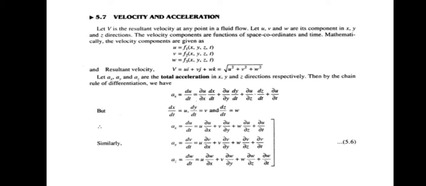Similarly, in z direction, az equal to dw/dt equal to u ∂w/∂x plus v ∂w/∂y plus w ∂w/∂z plus ∂w/∂t.